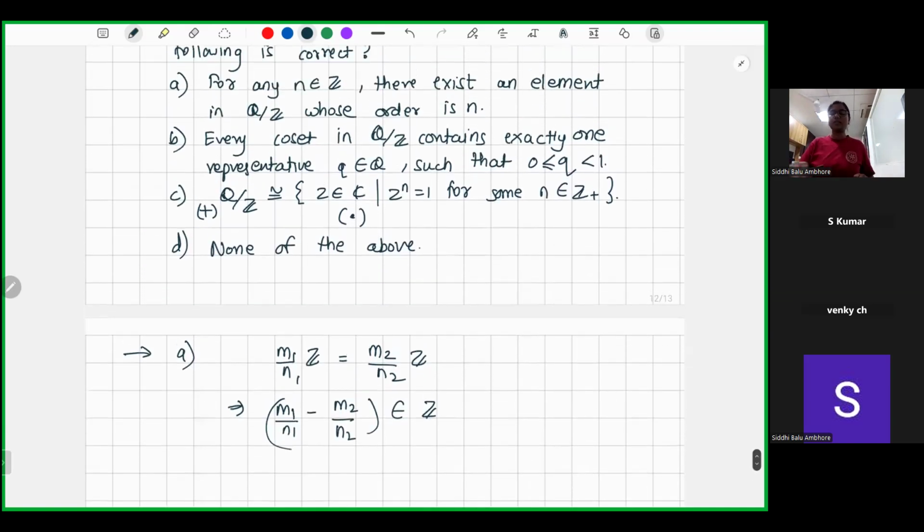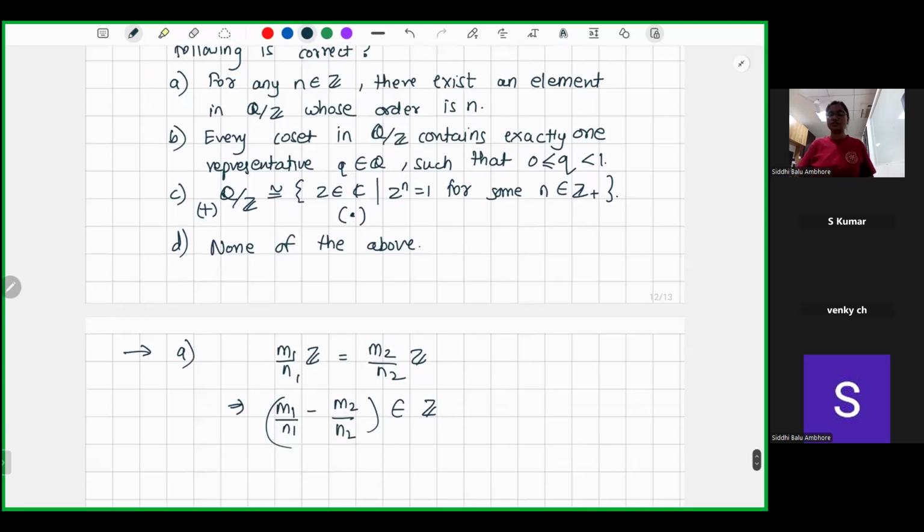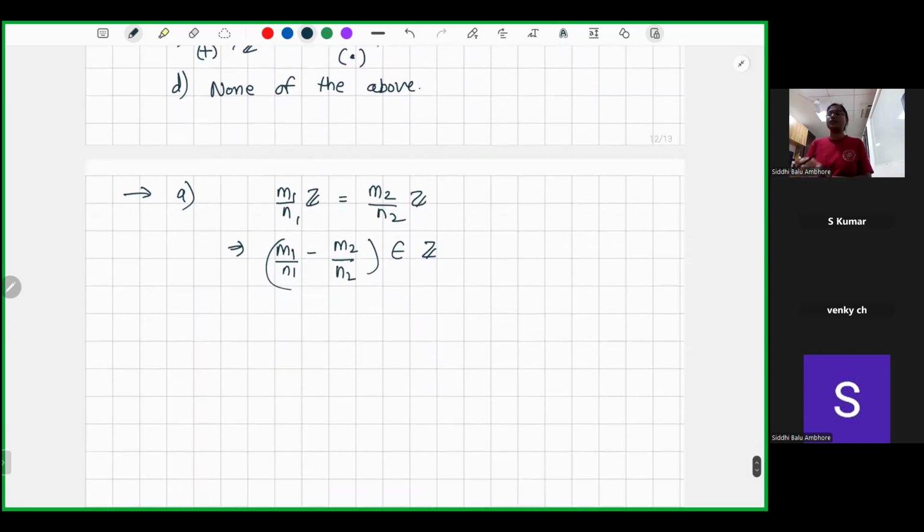For any given n in Z, can you produce an element such that, the moment I get the subtraction as an integer, it becomes 0?